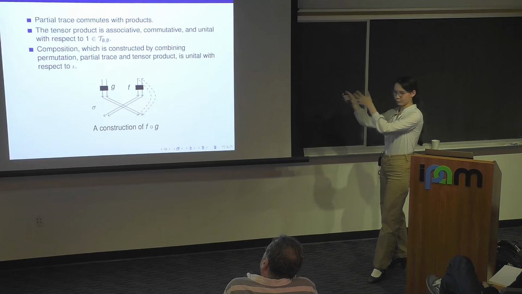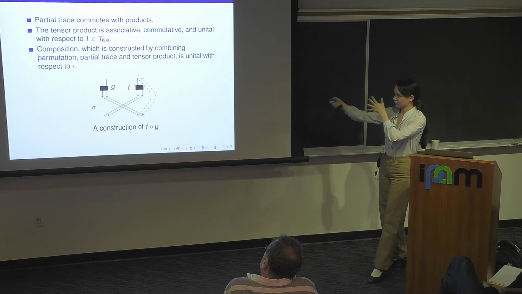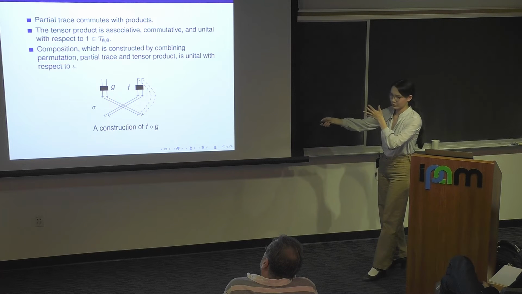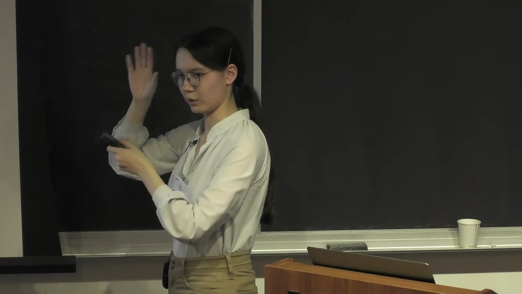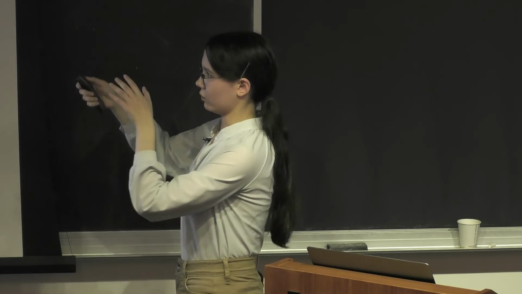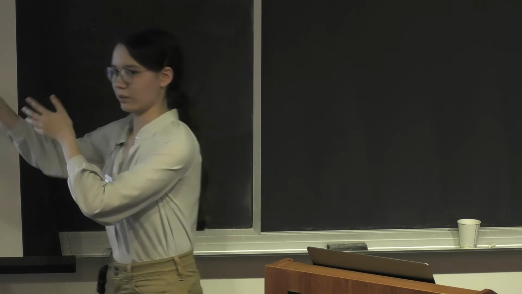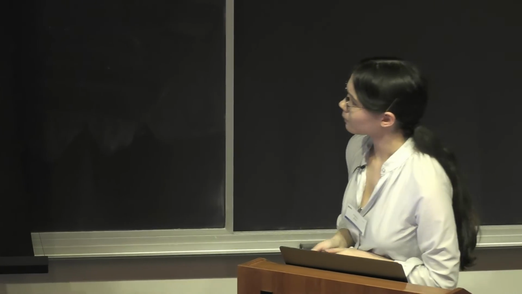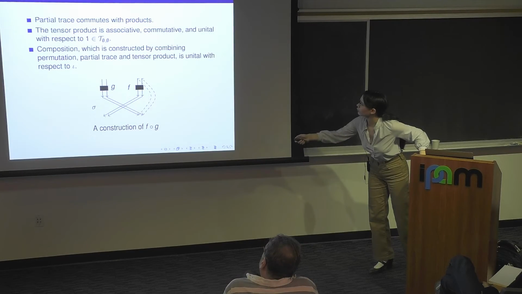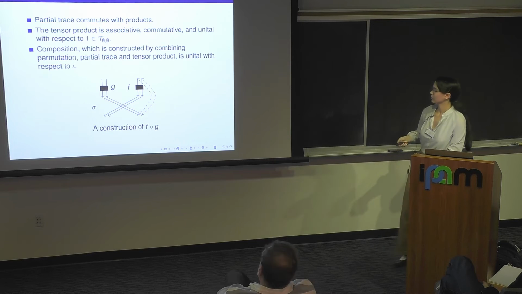But we can express this composition diagrammatically by using this product and then permutation and then some choice of a partial trace. And so we require that iota, which is going to model identity on X, is a unit with respect to this composition, which we make in this way. I think it is correct. Is it? Yes. Oh, I see, because we apply G first and then F. Okay.